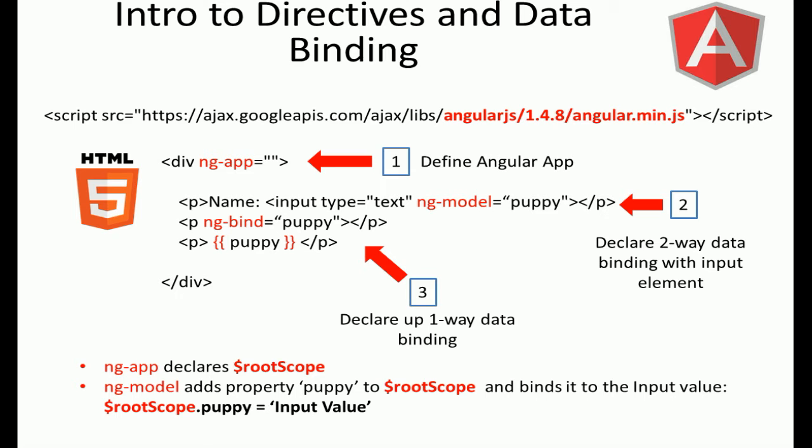And hence, we have two-way data binding. This occurs entirely behind the scenes by Angular. All you do is declare the HTML input element to have two-way data binding with the ng-model directive, and Angular does the rest. Please note that ng-model and two-way data binding will only work with HTML input elements, as it is necessary to bind the input element value with the scope property, or root scope in this case.